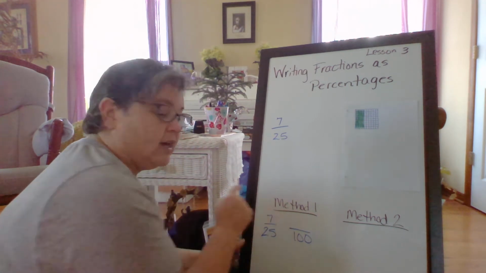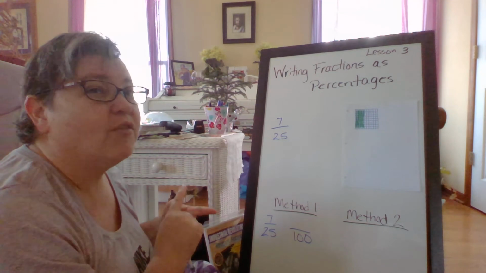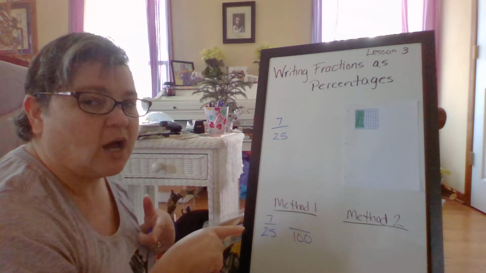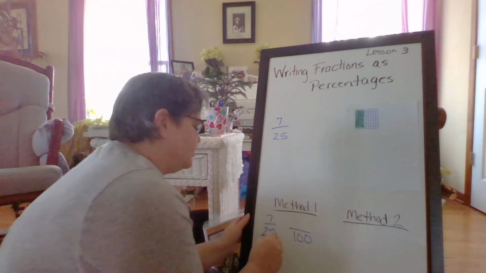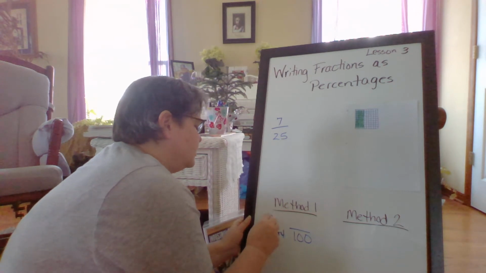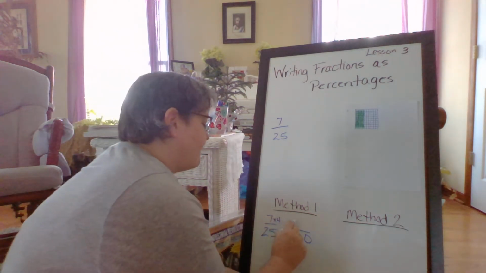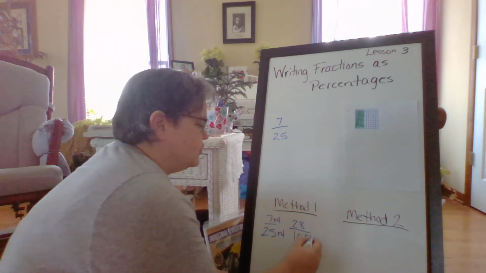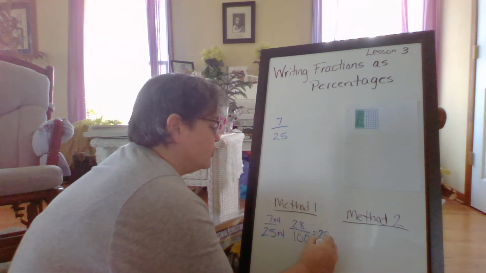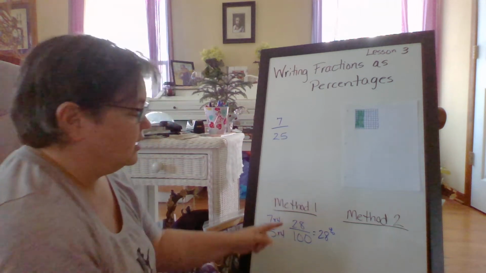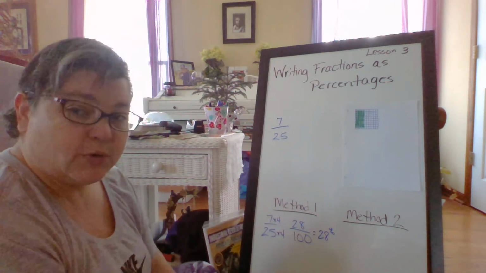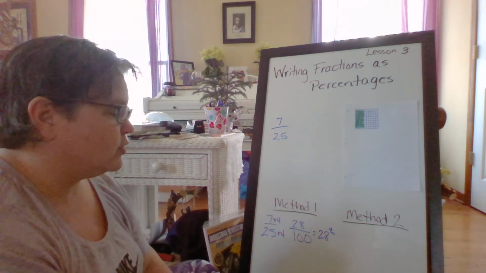I know that 25 will go into 100 because 4 quarters will go into $1. So 4 25s will make 100. So 7 times 4, 28. And 28 over 100 is my fractional percentage. Anything over 100 is a percent. So there we go, 28%.